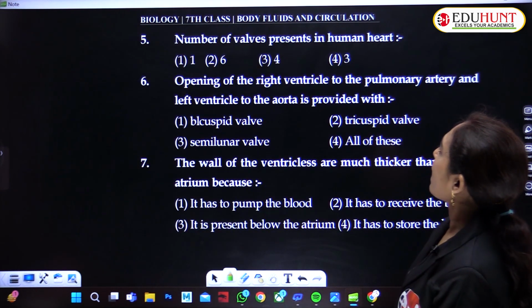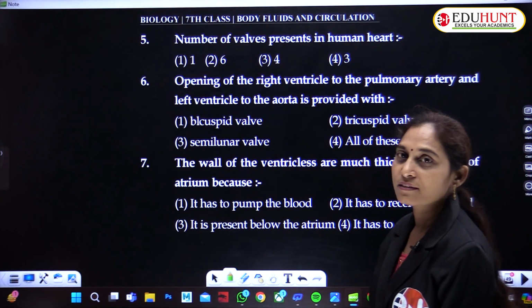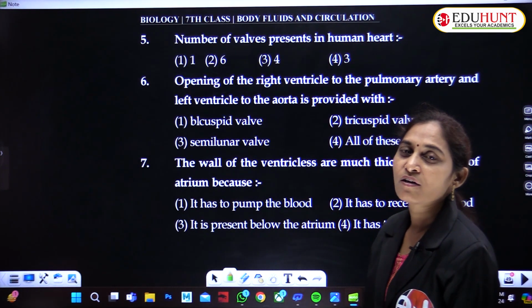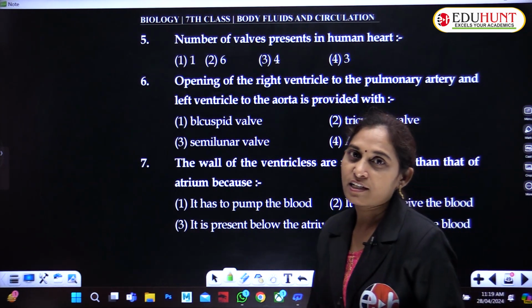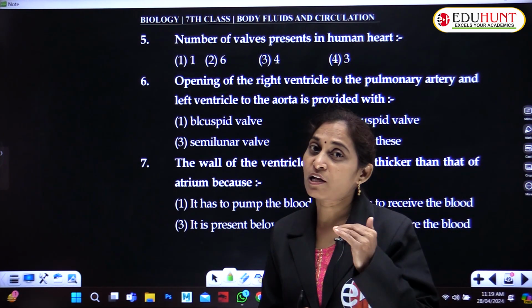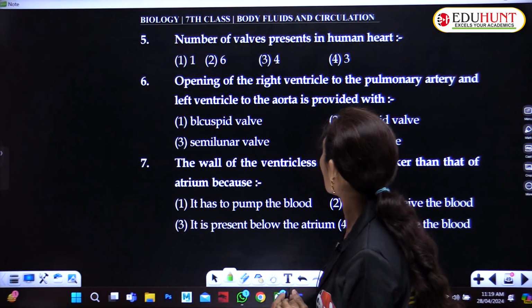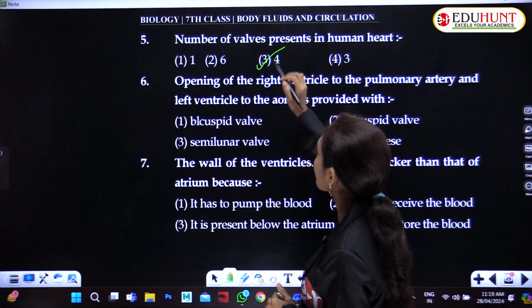Number of valves present in human heart, మనం ఎన్ని చూసాం హార్ట్లో, 4 చూసాం. ఏంటేంటి అవి? ట్రైకస్పిడ్, బైకస్పిడ్ వాల్వ్తో పాటు సెమీ ల్యూనార్ వాల్వ్స్ చూసాం కదా. సో 4 వాల్వ్స్ ఉంటాయి.